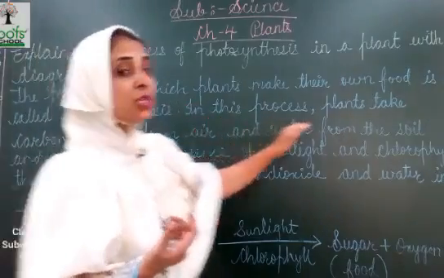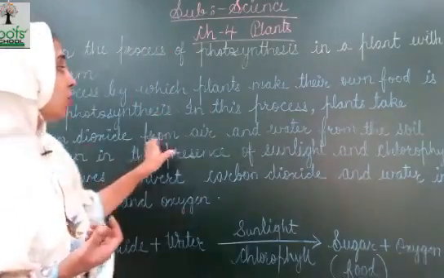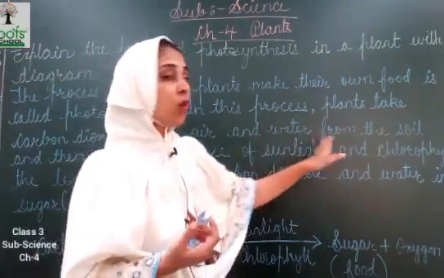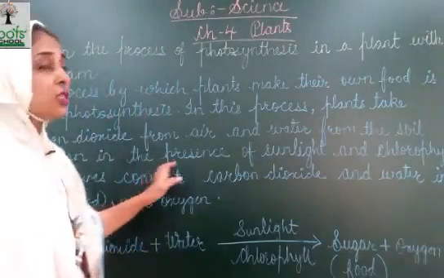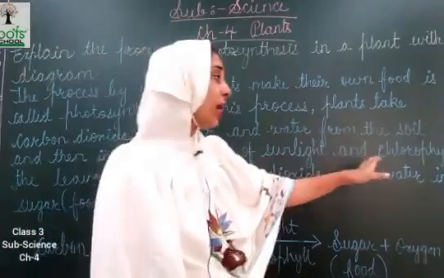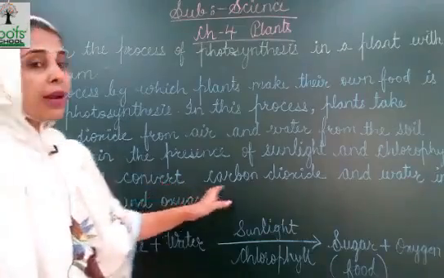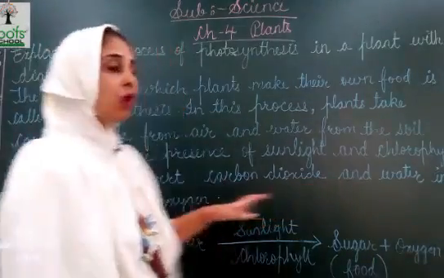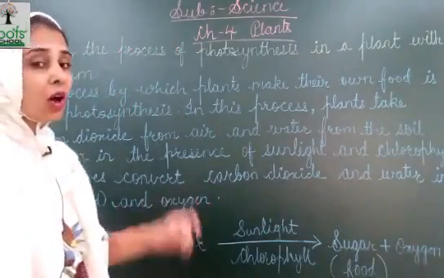In this process, the plant takes carbon dioxide from air and water from the soil, and then in presence of sunlight and chlorophyll, the leaves convert carbon dioxide and water into sugar, that is food, and oxygen.